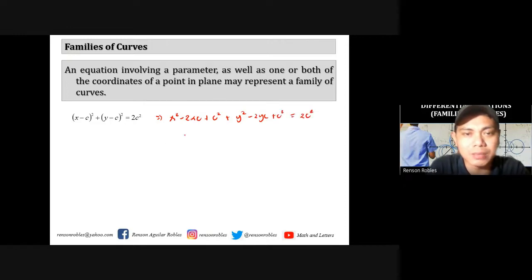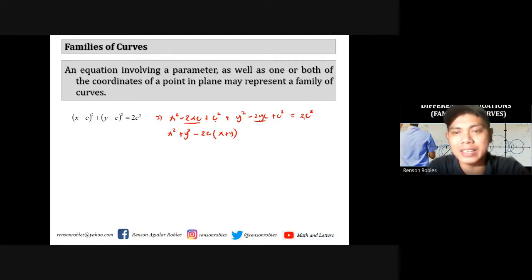Then combining similar terms, you can write it of the form x squared plus y squared, and then you can group these two terms and factor out 2c, leaving you with x plus y here. Then c squared plus c squared is 2c squared, and you can see 2c squared on the right side. Then you can combine the two, and that will become 0. So that leads us to x squared plus y squared minus 2c times the quantity x plus y equals 0.